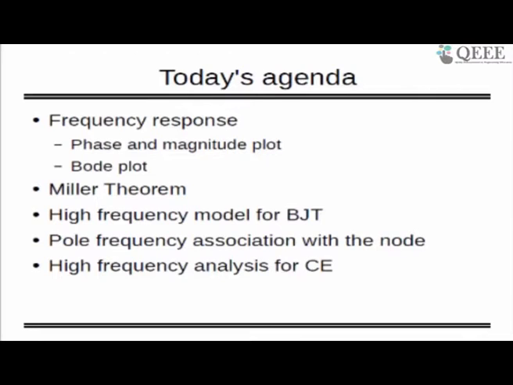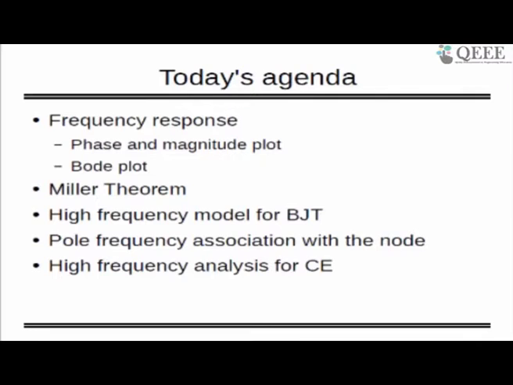So today's agenda is that I'll give you a little bit of flavor of what a Bode plot is, and the phase and magnitude plot. After learning that, there is a very important theorem, which is very important to understand what a frequency response is, or the poles and zeros associated with the BJT or with the transistor.